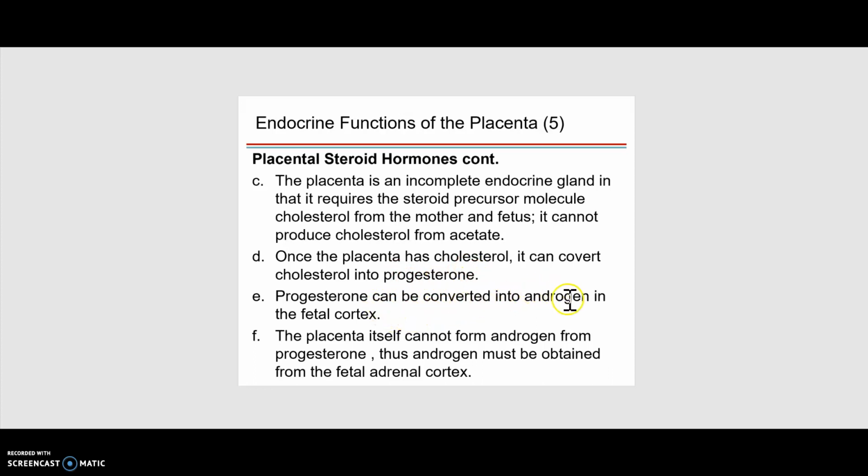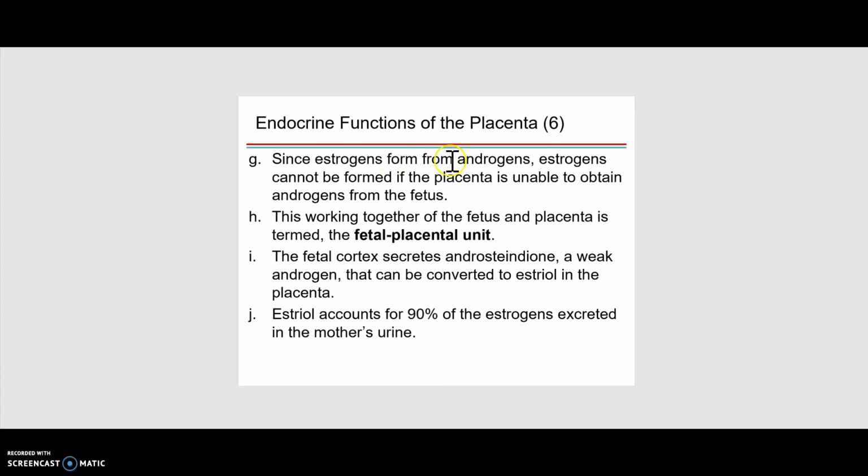Progesterone can be converted into androgen in the fetal cortex. Then androgen can be converted into estrogen. So the placenta itself cannot form androgen from progesterone. Thus, androgen must be obtained from the fetal adrenal cortex. Since estrogens form from androgens, then that's where everything comes in.